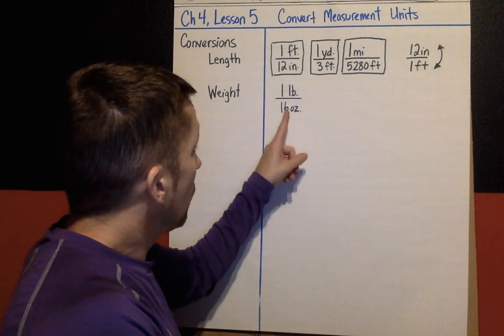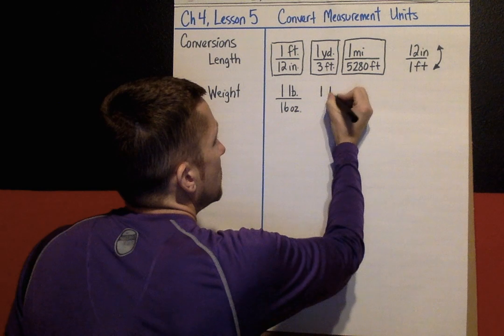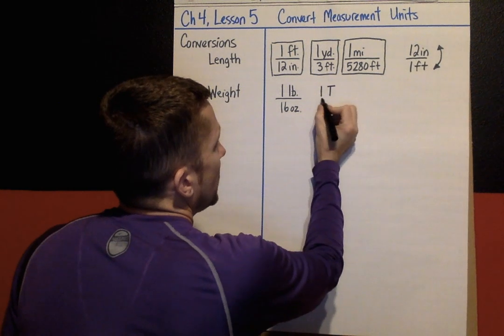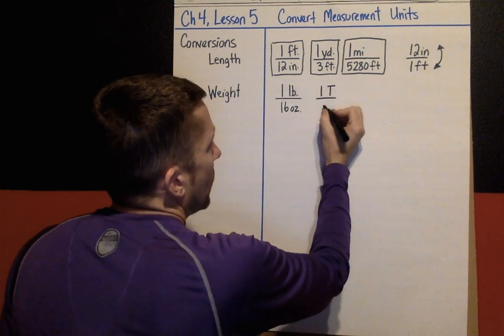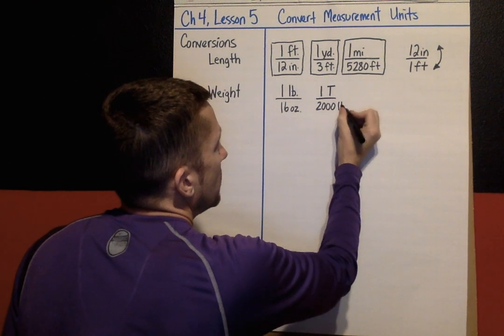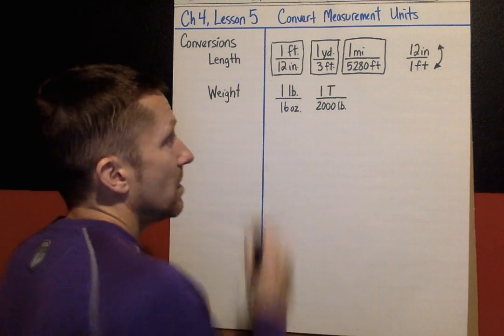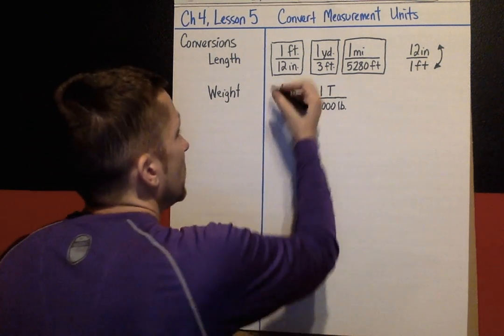The next weight conversion we're going to look at is 1 ton. Capital T is a ton. So 1 ton for every 2,000 pounds. Those are the two weight conversions.